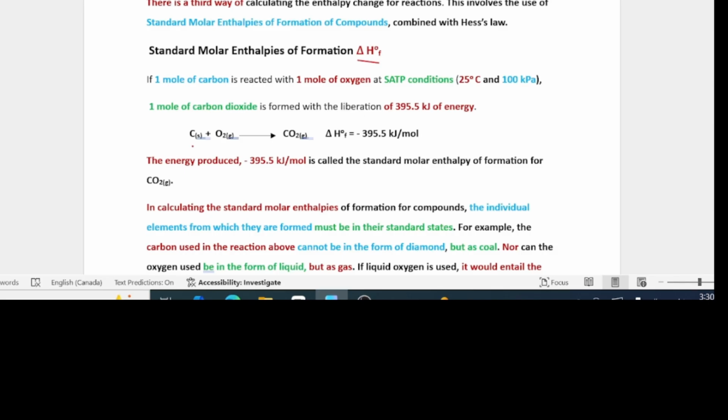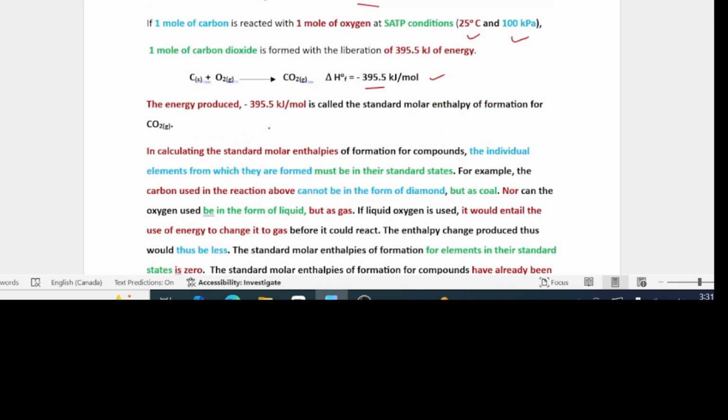We have this equation here where carbon is being burnt in oxygen to give you carbon dioxide, and it is happening at SATP conditions, which is 25 degrees Celsius and 100 kilopascals, and the amount of energy produced is that. This energy is called the standard molar enthalpy of formation for carbon dioxide.